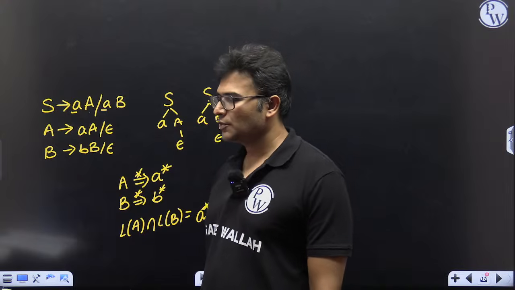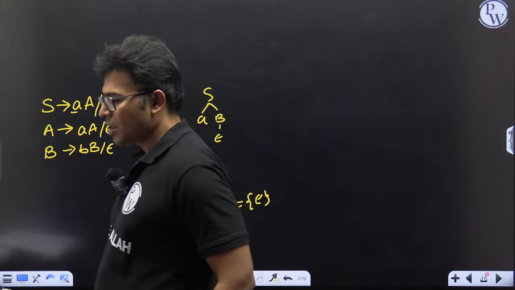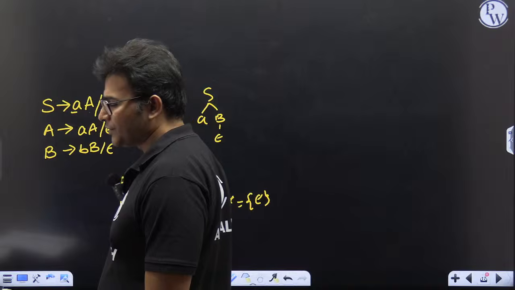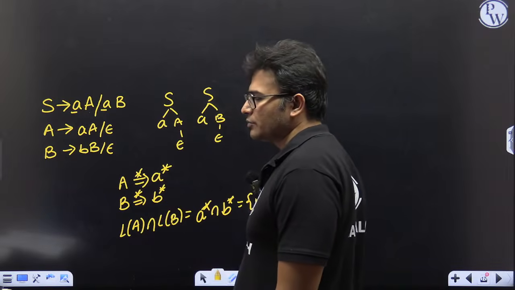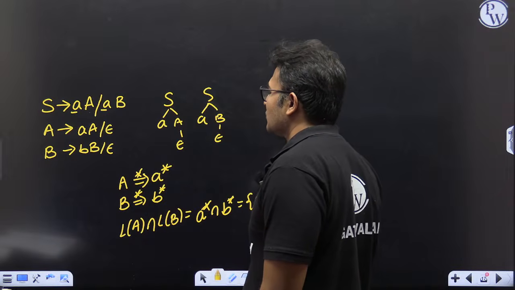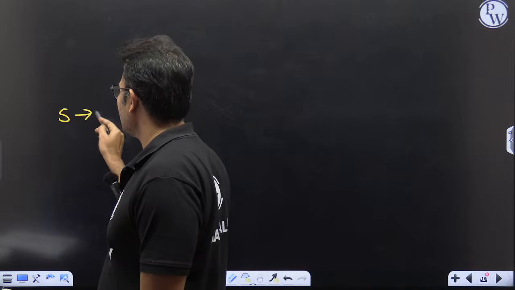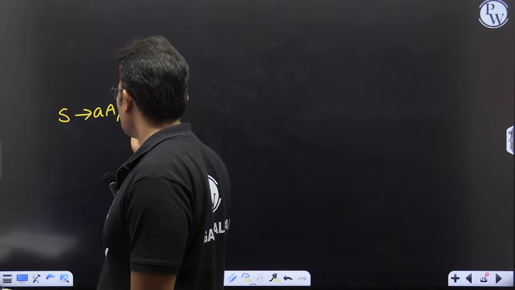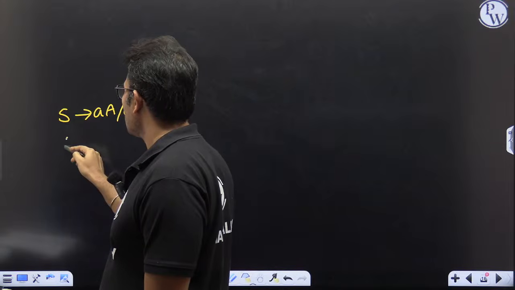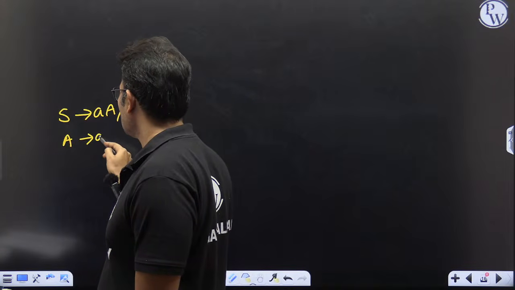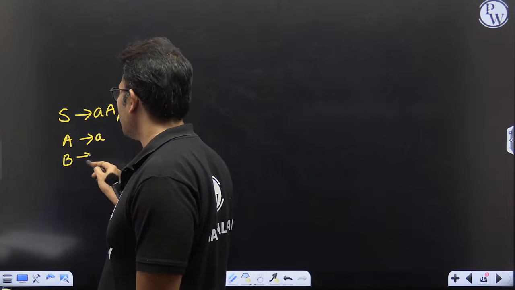So non-determinism may also lead to ambiguity, not always. Not always. Okay? For example, tell me about this. S derives AA or AB, A derives a, B derives b.